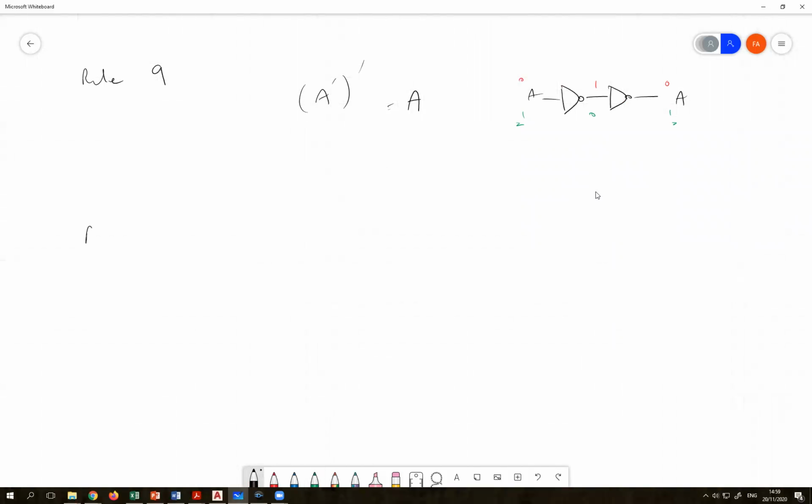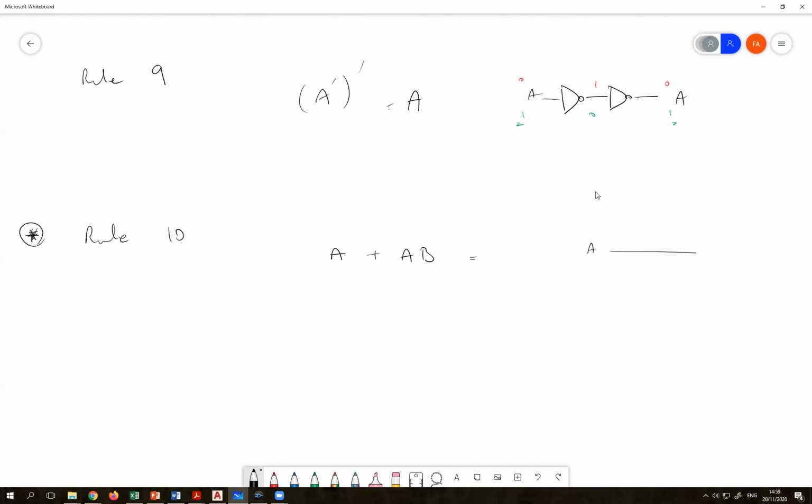What is important is rule 10. Rule 10 is very important. I put this asterisk here to show you that it's very important. A plus AB. Let me draw that for you.